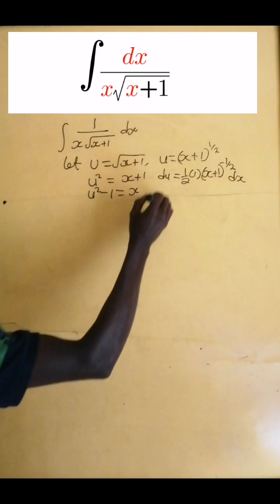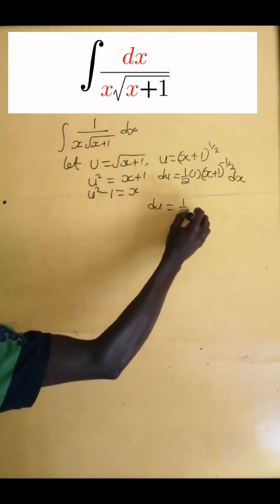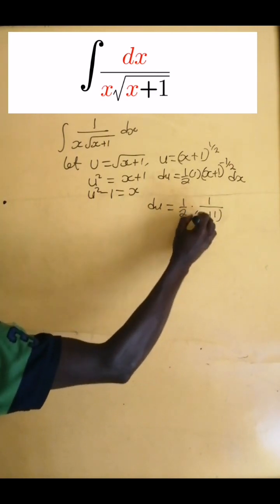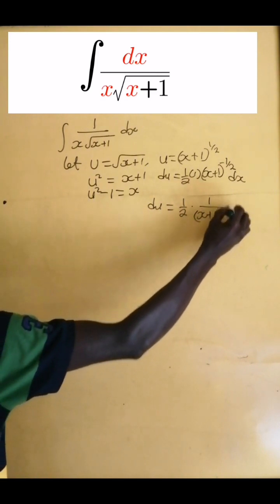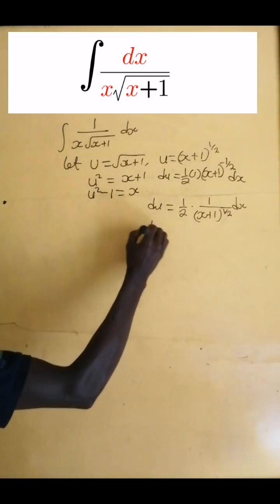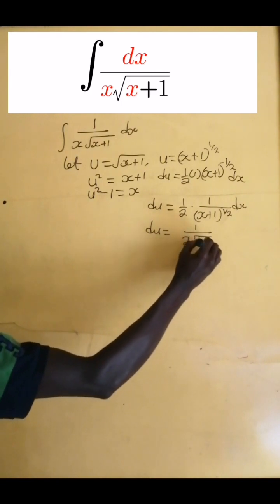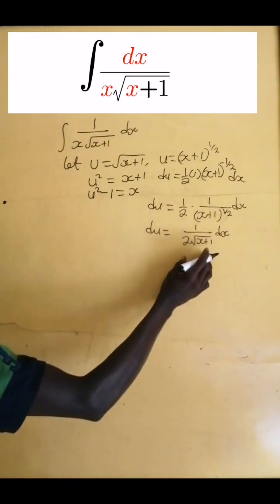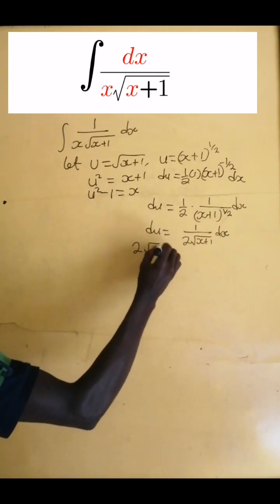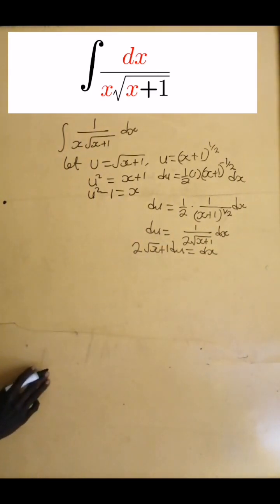So we write our du to be equal to 1 divided by 2 times 1 divided by (x plus 1) to the power positive 1 over 2 dx, which can be rewritten as du equals 1 divided by 2 times the square root of x plus 1 dx. Okay, so we have 2 times the square root of x plus 1 du equals dx.